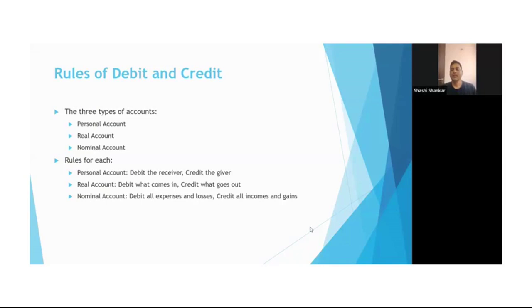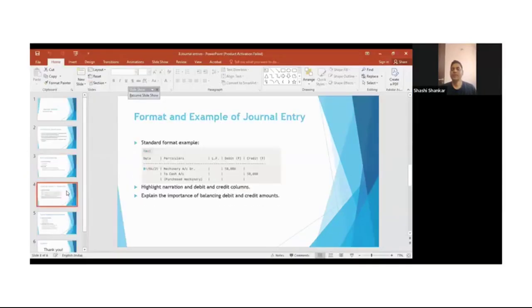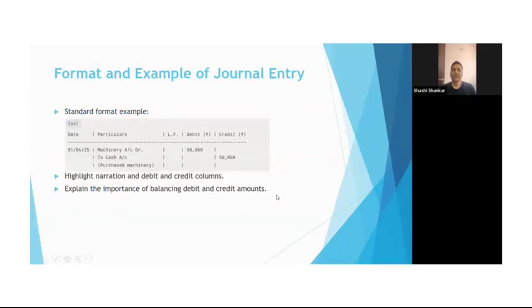All right. Now I can show you how the general entries format looks. As I mentioned in the components, one is the date, on which date the transaction was done. Here I have depicted 1/4/25. Particulars: which account is debited, which is credited, and the narration, like machinery purchased.